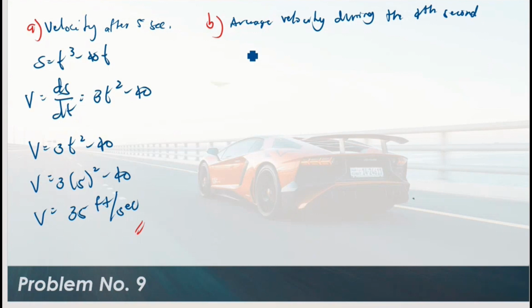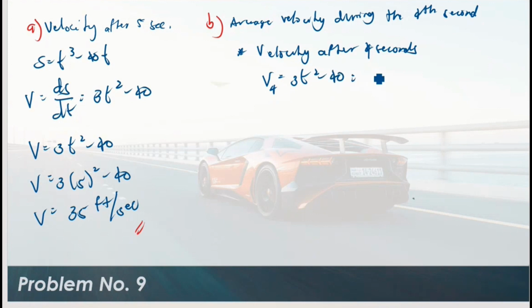So first let's find the velocity after 4 seconds. Let's still use the velocity equation. V is equal to 3t squared minus 40. So this time it is v sub 4, substituting after 4 seconds, 3 times 4 squared minus 40, this is equal to 8 feet per second.